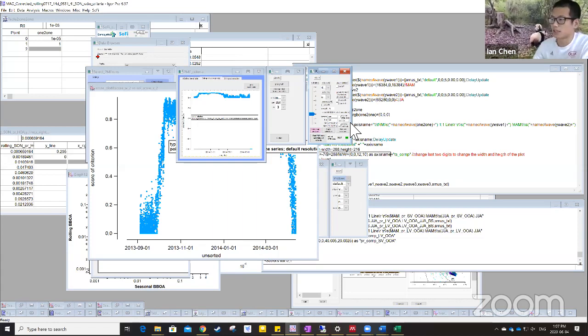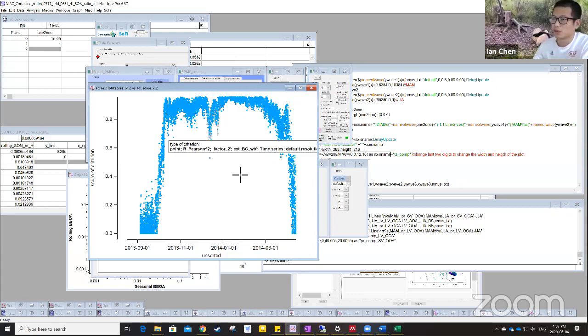Basically, the t-test tests how significant the correlation is in these factors.